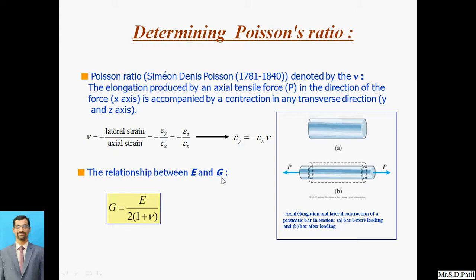Once again I am explaining this term: E is the modulus of elasticity, or it is called Young's modulus, and G is called the shear modulus, or modulus of rigidity. This is the equation of the relationship between modulus of elasticity and shear modulus or modulus of rigidity. Here is how it has been expressed. It is just a mathematical re-terminology of these material equations.